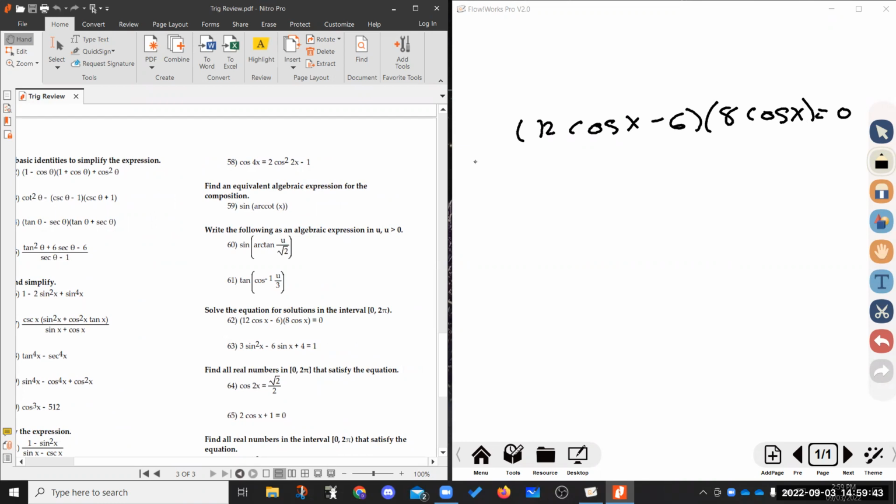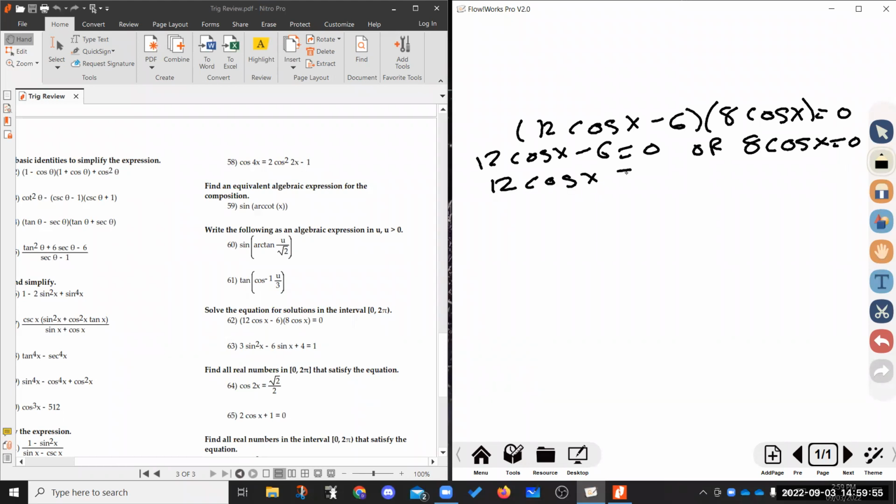So we're going to say that 12 cosine of x minus 6 equals 0, or 8 cosine of x equals 0, means that 12 cosine of x equals 6, or cosine of x equals 1/2, or cosine of x equals 0. Let's think about our unit circle, because we need cosine to be positive or 0.